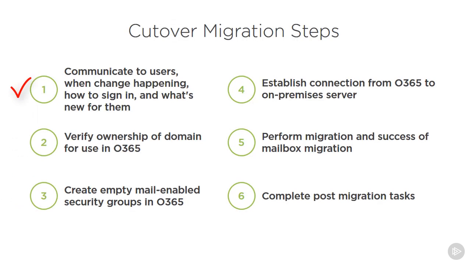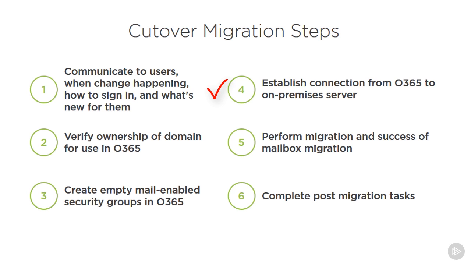First off, educate. Tell your users what's happening, when it's happening, how they're going to sign in, and what they can expect differently when they access their email. And I already mentioned, verify the ownership of the domain for use in Office 365. You have to register that domain, and you have to have a couple of DNS records in order to do so. You're going to create empty mail-enabled security groups in Office 365.